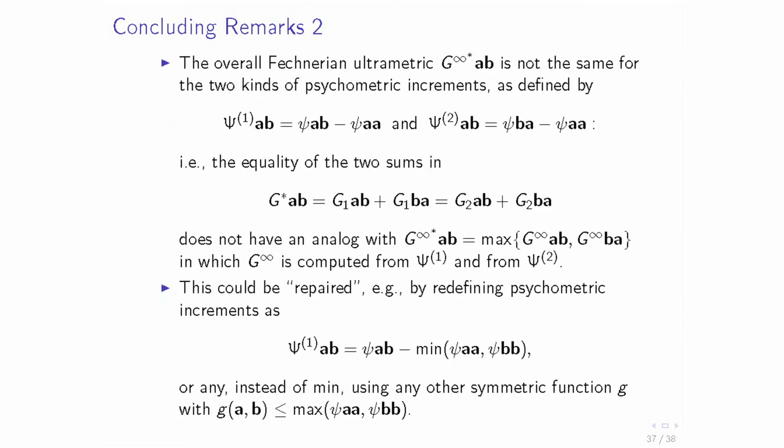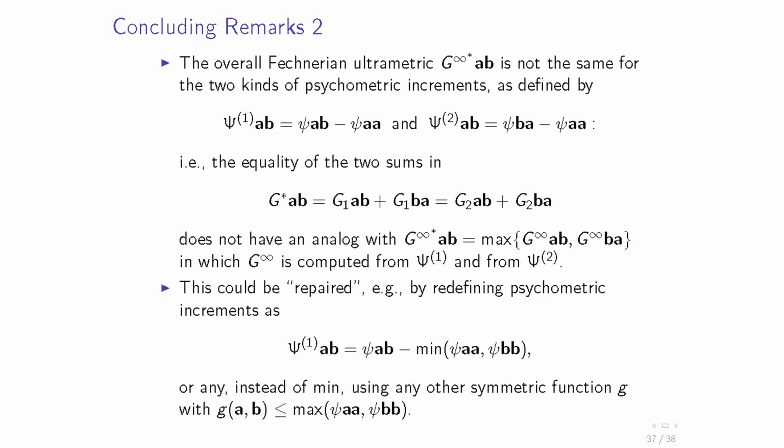Moreover, the overall Fechnerian ultrametric is not the same for the two kinds of psychometric increments when we define it in this way. This was one of the main properties of the Fechnerian scaling theory, that we would end up with the same metric, but here the equality of the two sums does not have an analog in this maximum.